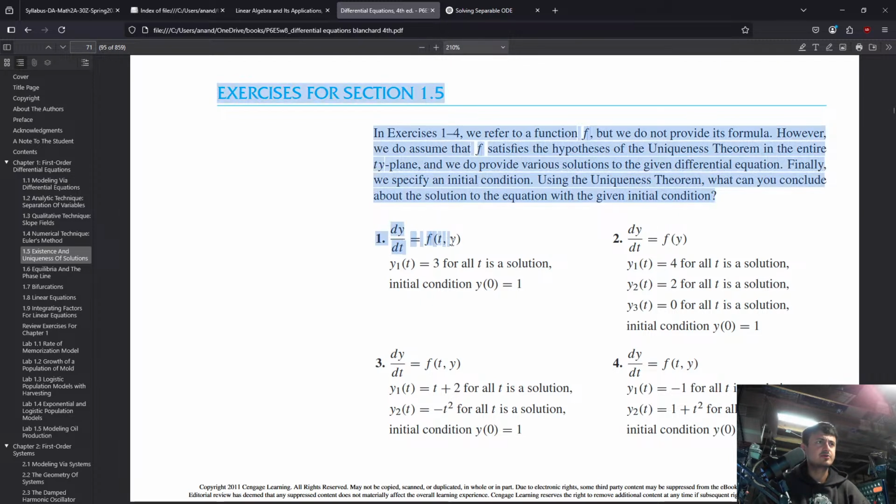So we have this differential equation, and we know that it's continuous, and the partial of f with respect to y is also continuous. We have an equilibrium solution at 3. I think this is going to be easy.